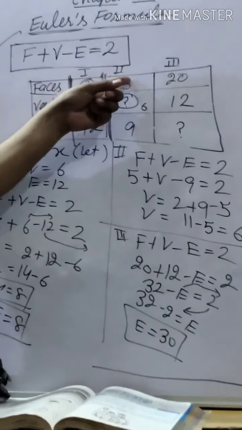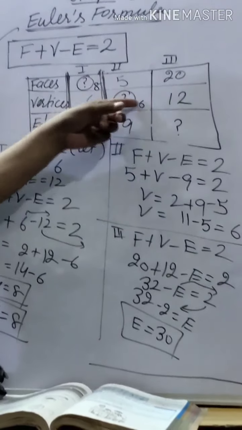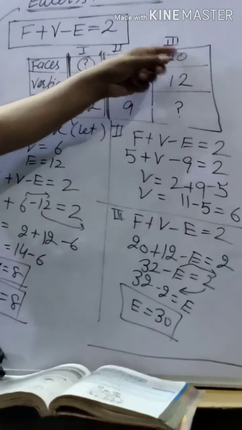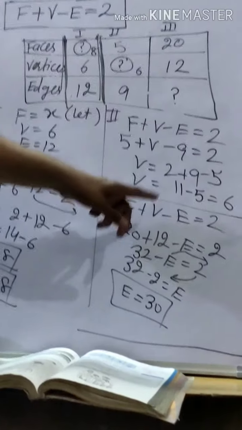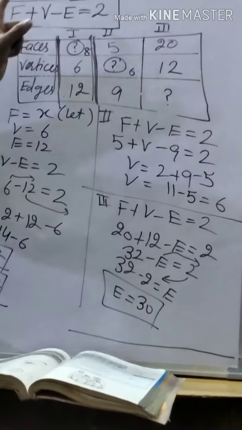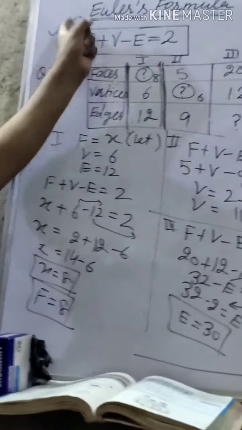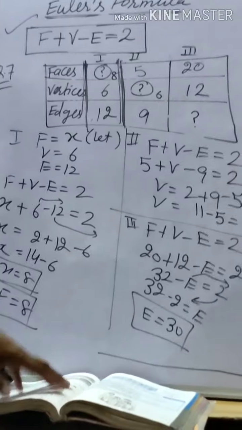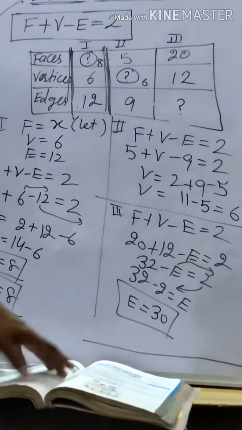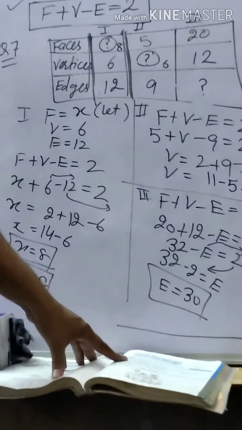If faces and edges are given, you can find vertices. If faces and vertices are given, you can find edges also by using Euler's formula: faces plus vertices minus edges is equal to 2. So today you have to apply many questions based on this formula from the book, from chapter 10. Thank you.